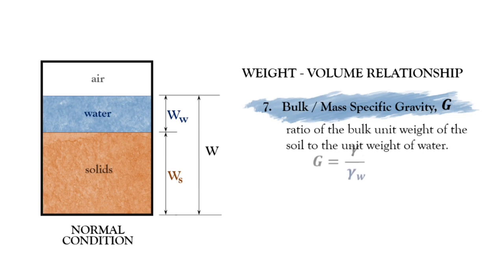So, ganun din naman dito sa ating soil mechanics dahil ang pagkuha natin ng G, that is the gamma, which is the bulk unit weight divided by sa reference natin na water. That is the unit weight of water. So, pwede ka rin ulit gumamit ng density as long as gagamitin mong value para sa water ay density lang din. Dapat parehas sila ng unit dahil dimensionless ang specific gravity.